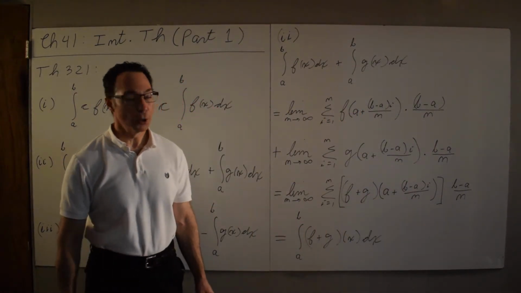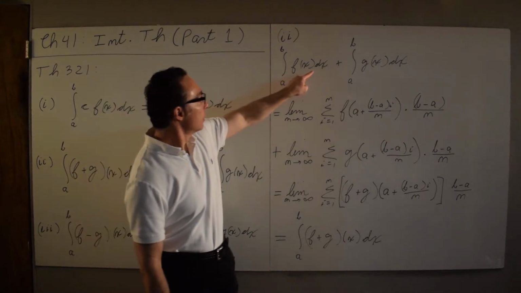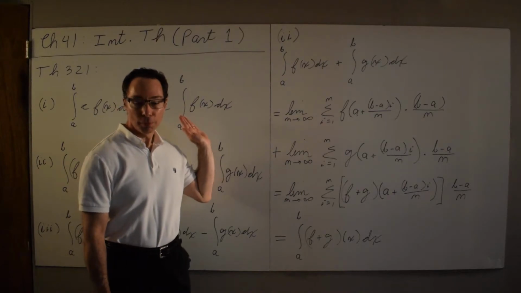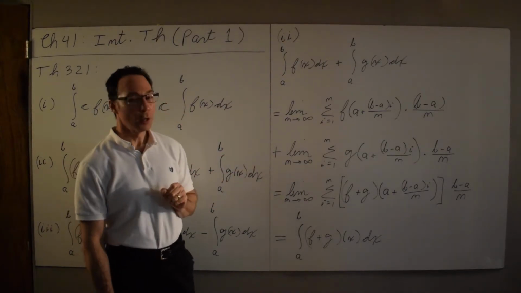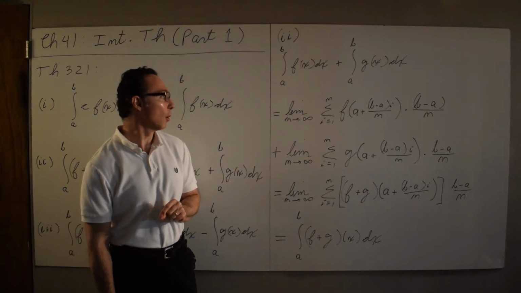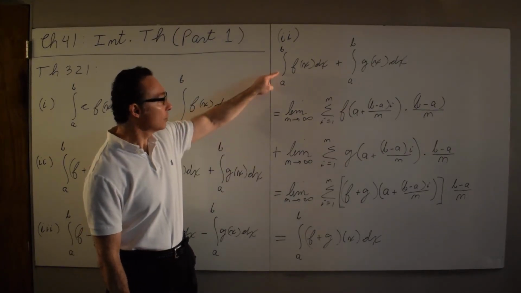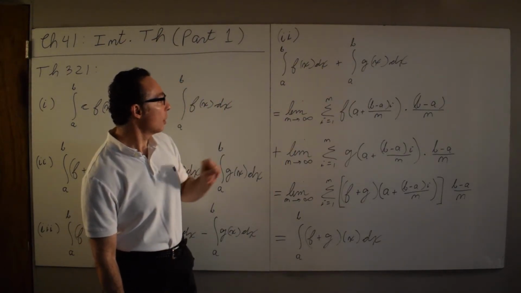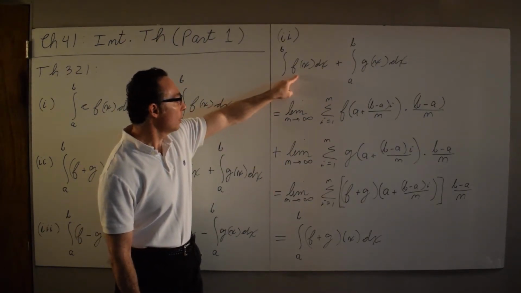So for part 2, we start with the sum of the integrals. I didn't state the theorem, that's in your notes, but remember, part of this is f and g are known to be integrable to start with. So we know that this integral exists and this integral exists. Well, what's the integral from a to b of f of x?